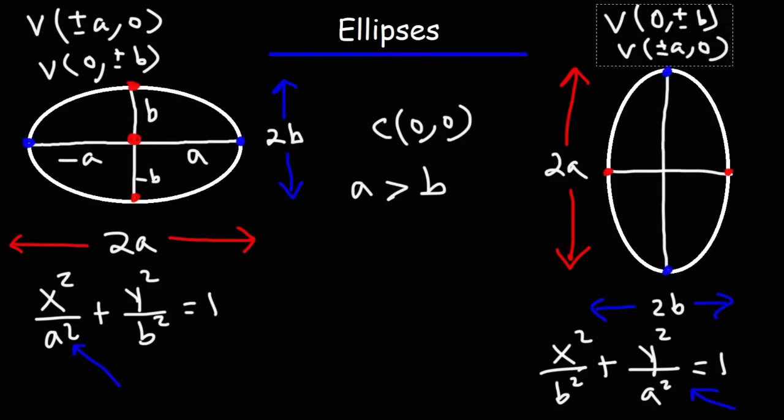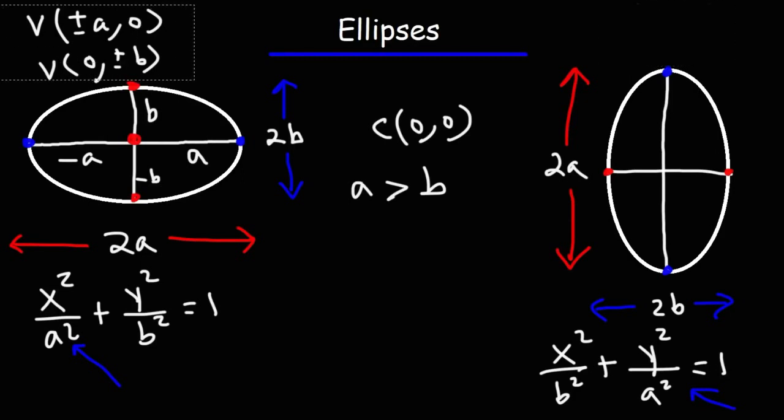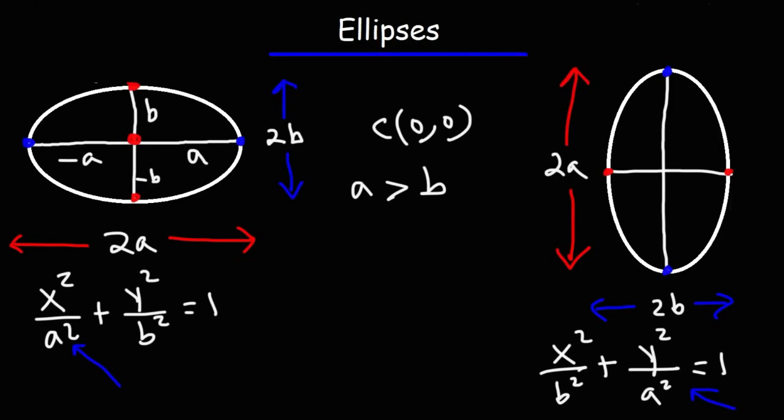Now let's talk about the coordinates of the foci. For the ellipse on the left, the foci will be along the major horizontal axis, and they're c units away from the origin or the center. So once you have the center, if you add c, you'll get the focus on the right.